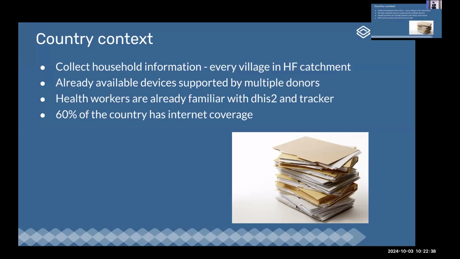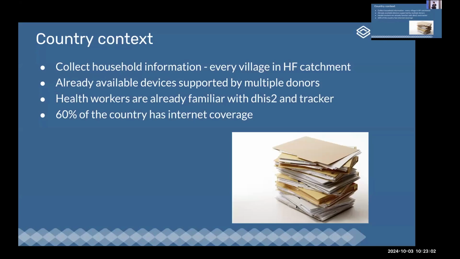Another one, because like I mentioned, Laos has been using DHIS2 for almost 10 years now, and there are many donors like UNICEF and the WHO that also supported the devices, the equipment. So there are many kinds of devices available at different levels of the facilities. And health workers are also already familiar with DHIS2 and tracker.